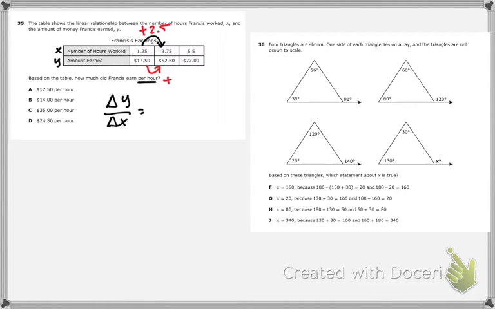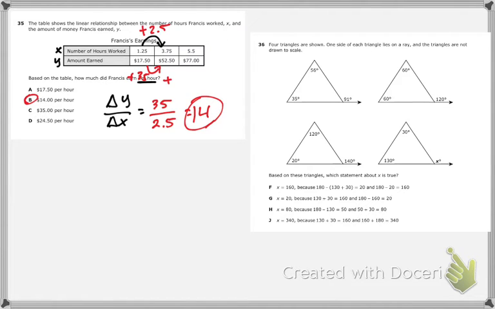I'm just subtracting 52.50 minus 17.5, and that will give me 35. So we're adding 35. So my change of Y is 35, and my change of X is 2.5. I can reduce that to 35 divided by 2.5, and I should get 14. And 14 will be per hour, so B is going to be my answer.